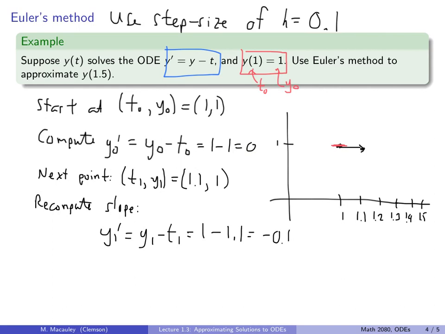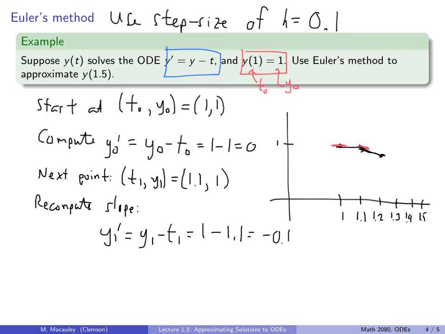So now at this point we draw a line of slope negative 1/10. Our robot points in that direction and goes until it hits the next checkpoint when the t value is 1.2. And now we repeat this process. So let's do one more, and then we'll have to start over in a new slide.